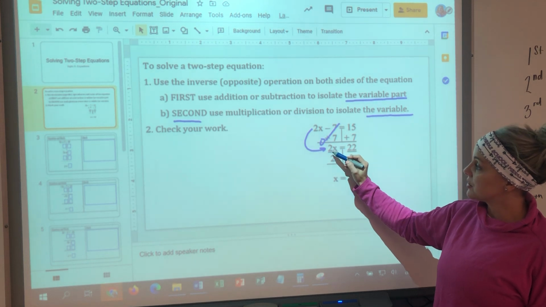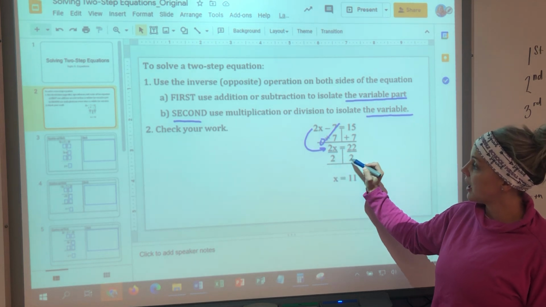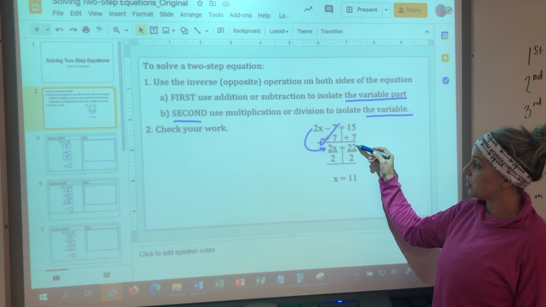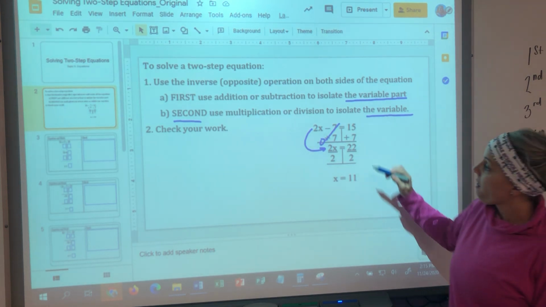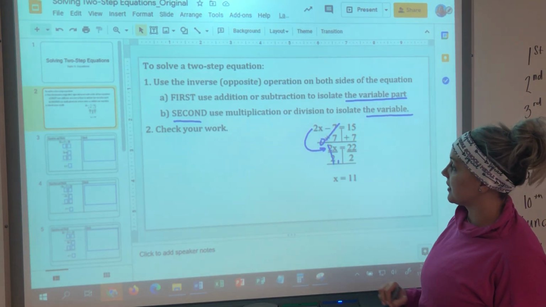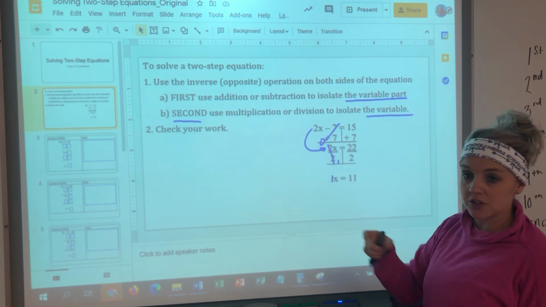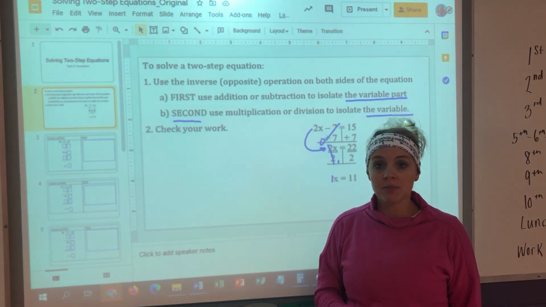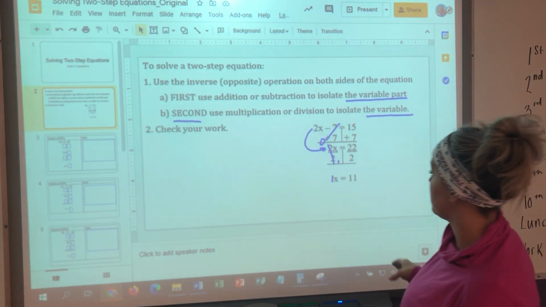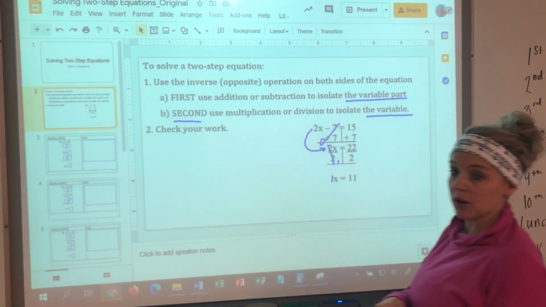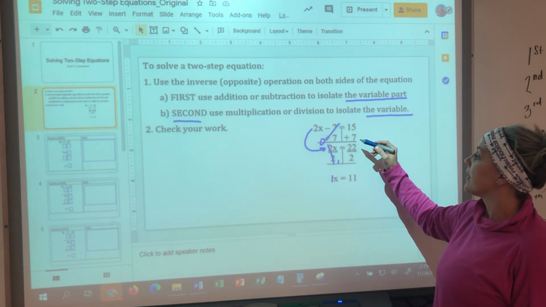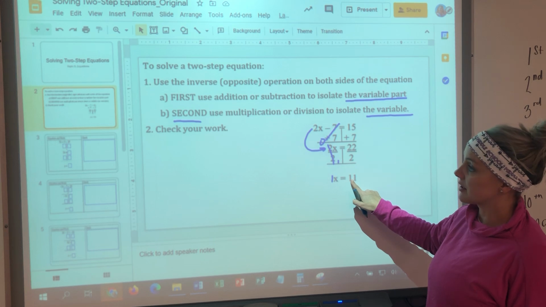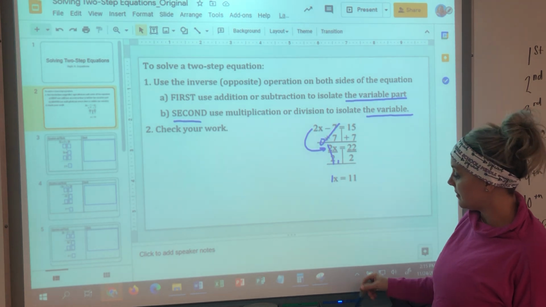So 2 divided by 2, whatever I do on the left, I do on the right. My 2 divided by 2 gives me my 1. That's my one coefficient that I look for when I'm solving equations with multiplication or division. And then 22 divided by 2, that's going to be your 11.